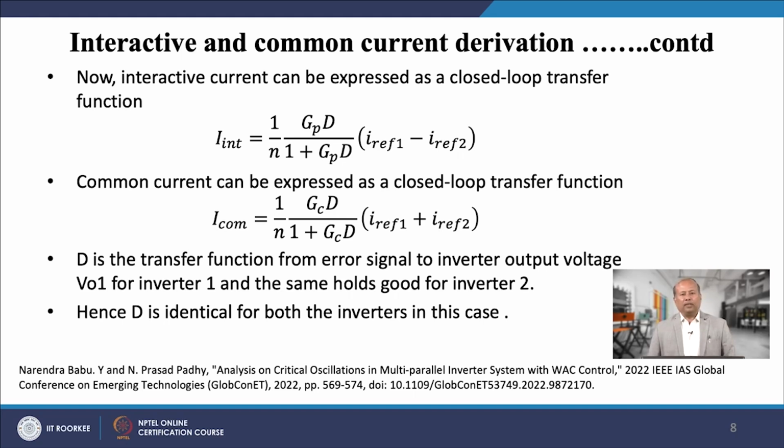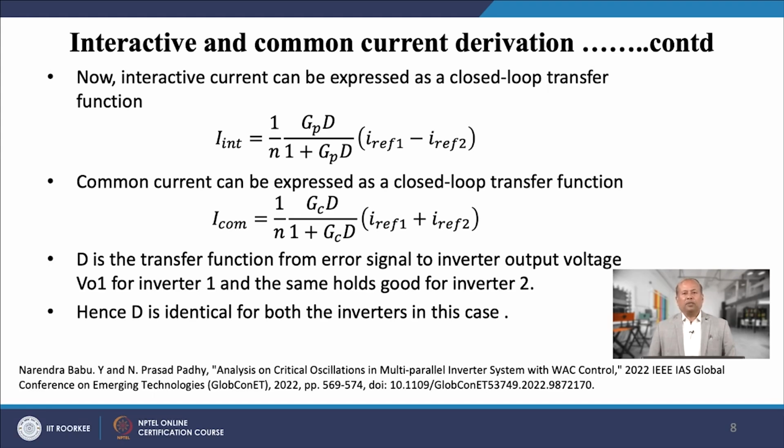For more details on the derivation of interactive and common current expressions, students can follow the reference given below. We can make a few observations from these two equations. From the interactive current expression, we can see that this current is proportional to the plant transfer function GP as well as the difference between the reference currents of the two inverters.